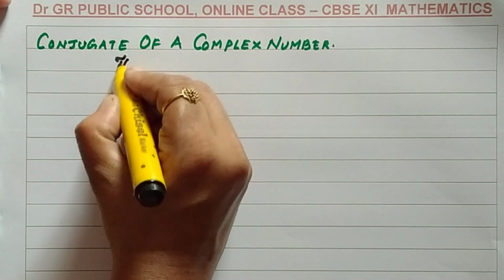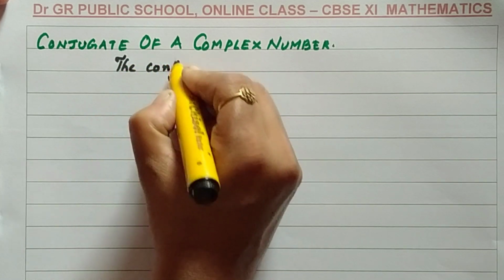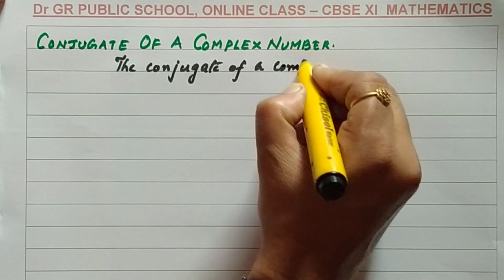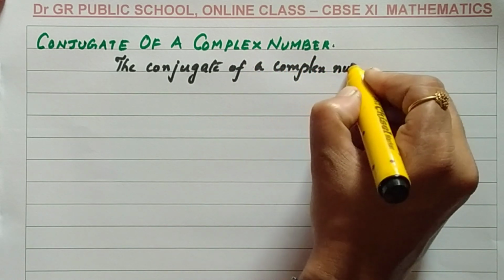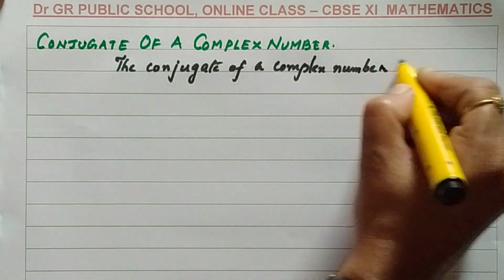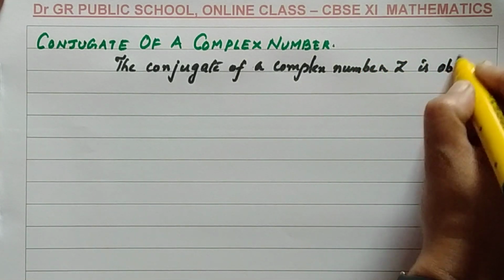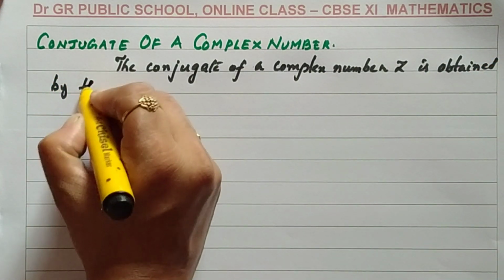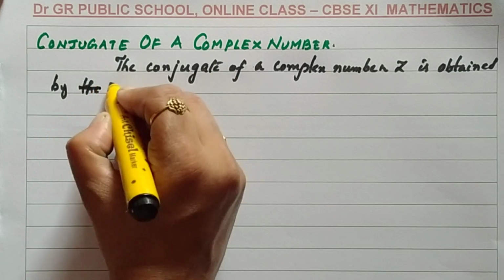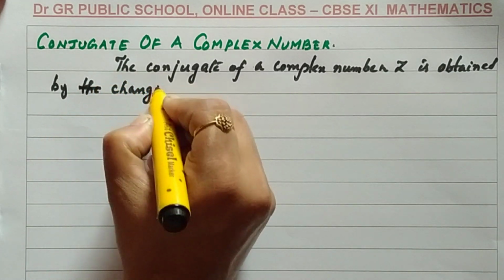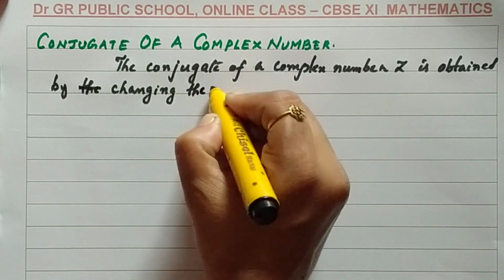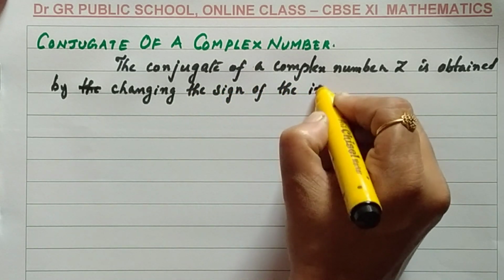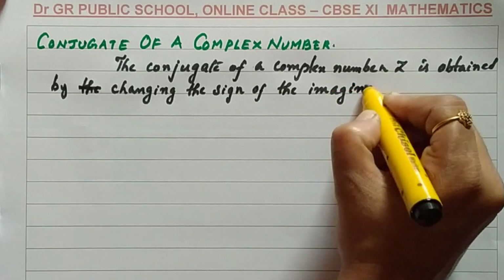The conjugate of a complex number Z is obtained by changing the sign of the imaginary part.